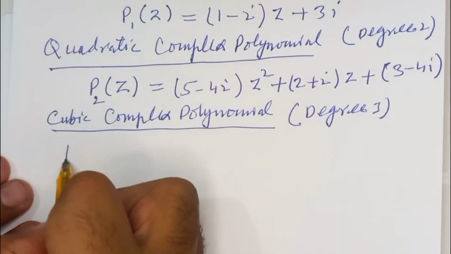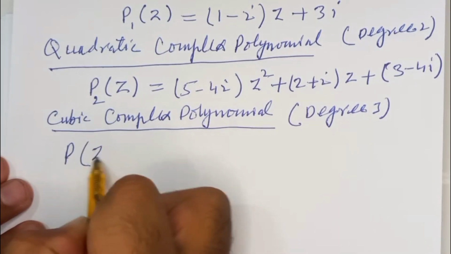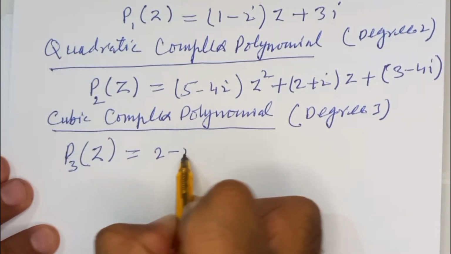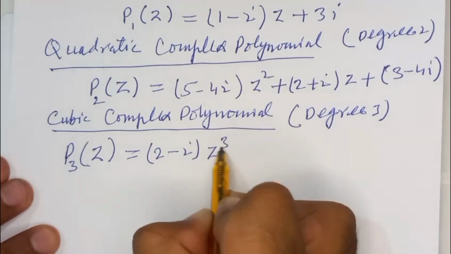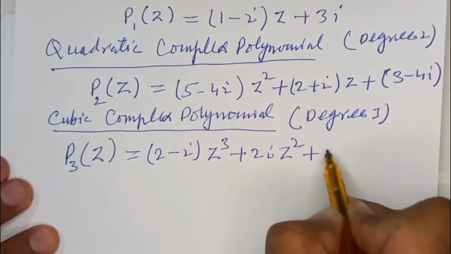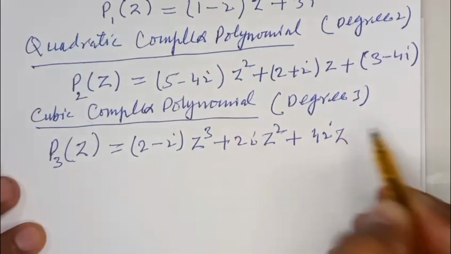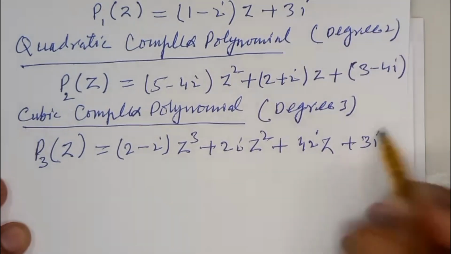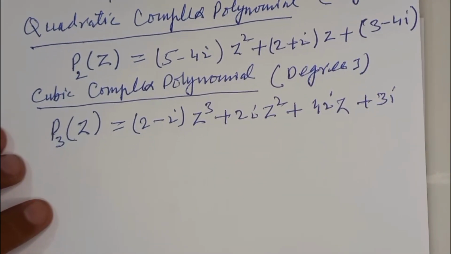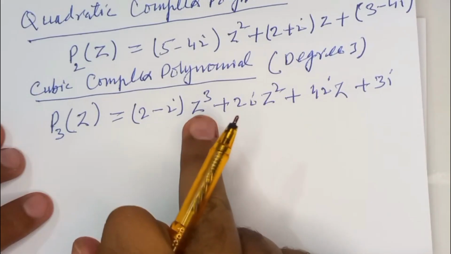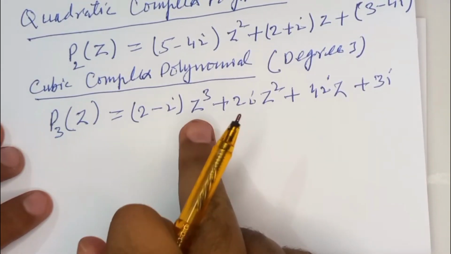So we can write a polynomial function in Z of degree 3 equal to, for example, 2 minus iota Z cube plus 2 iota Z square plus 4 iota Z plus 3 iota. This is a complex polynomial of degree 3 because the highest power of Z here is 3.